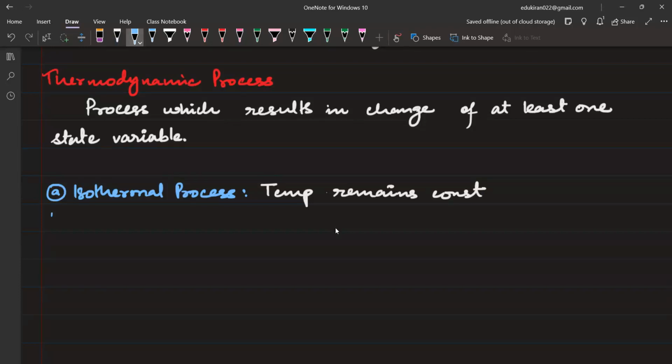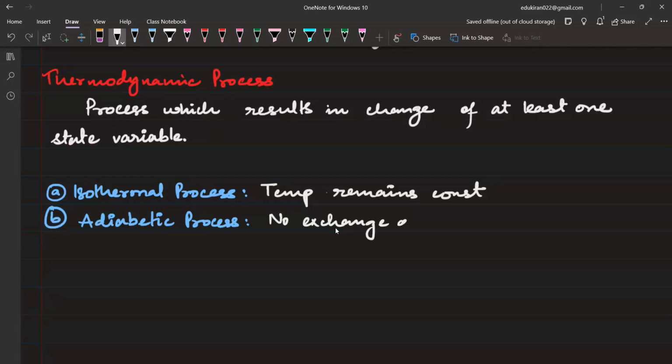B, you can have another type of process which is known as adiabatic process. In this, there is no exchange of heat. No exchange of heat, meaning the heat exchange is zero. Then C, we have isobaric process.